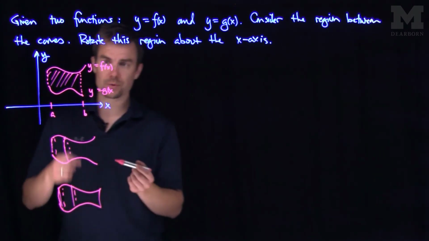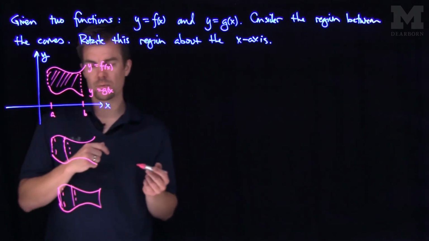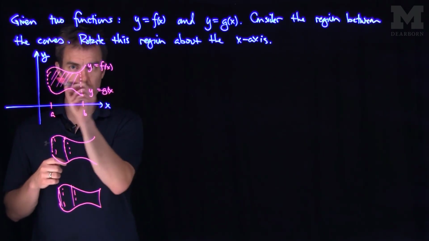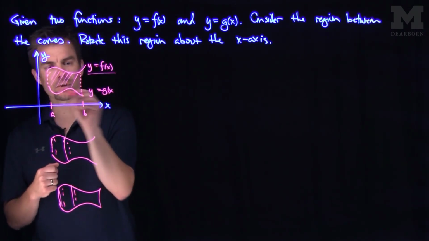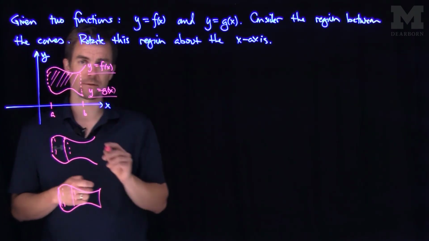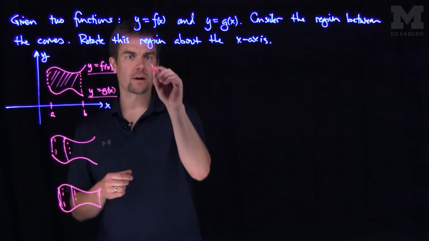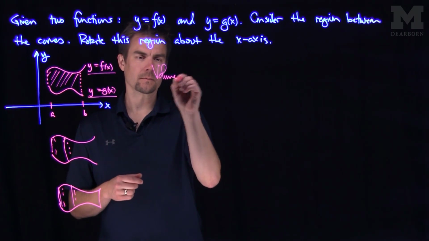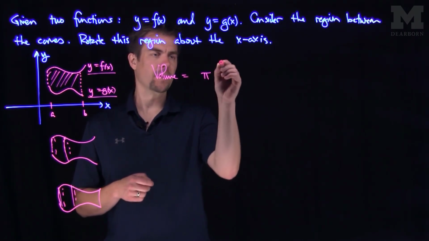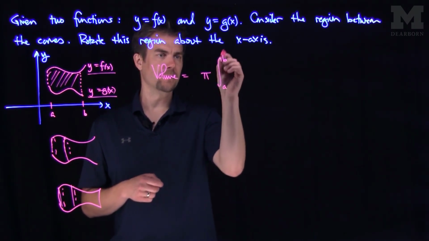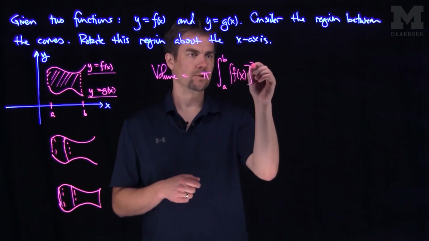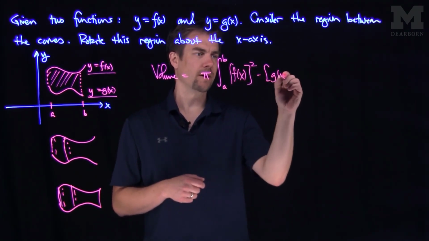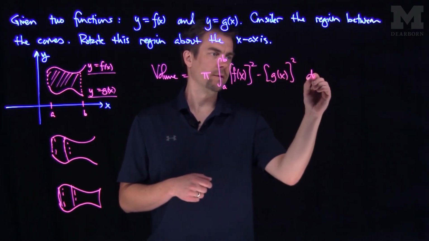So now, to find this volume, I can find the volume generated by rotating this function around the x-axis, and then subtract off the volume generated by this second function over here. So our volume is going to be pi, the integral from a to b, of f of x squared minus g of x squared dx.